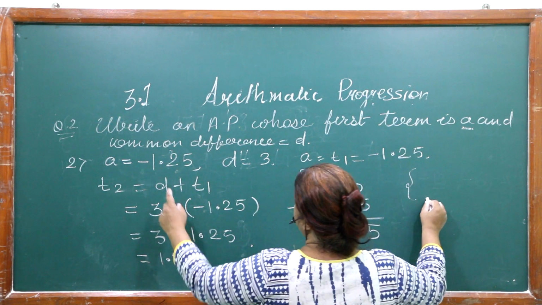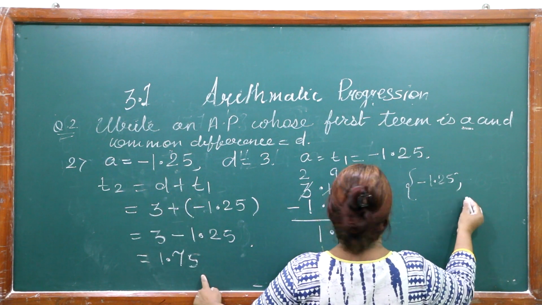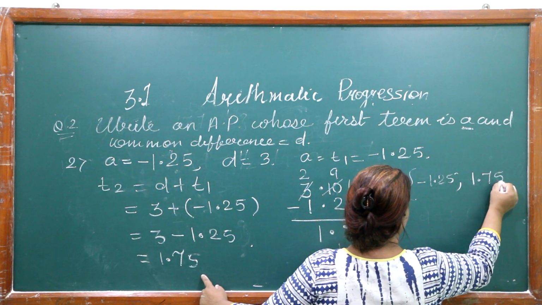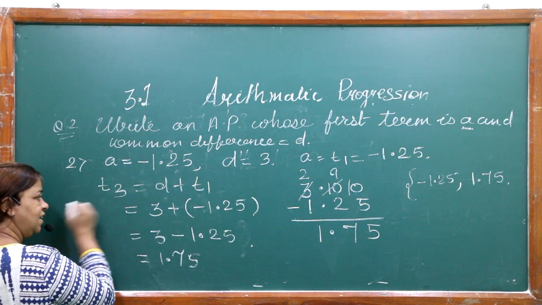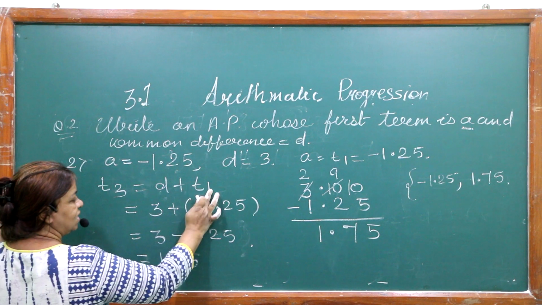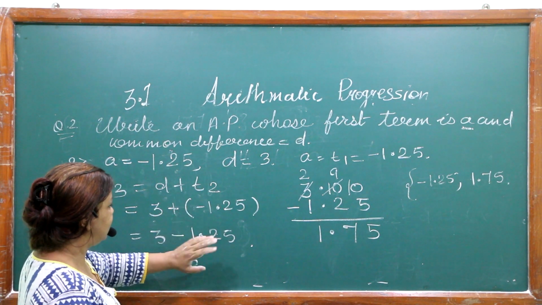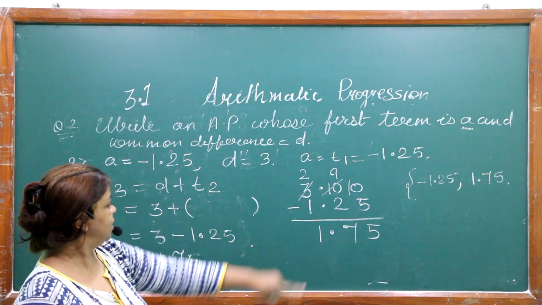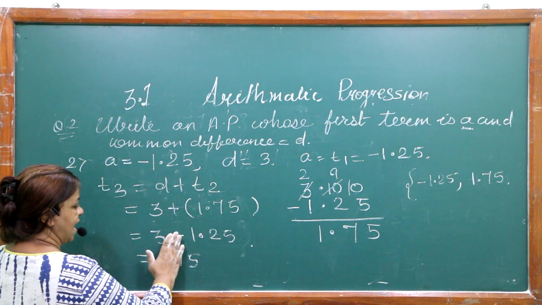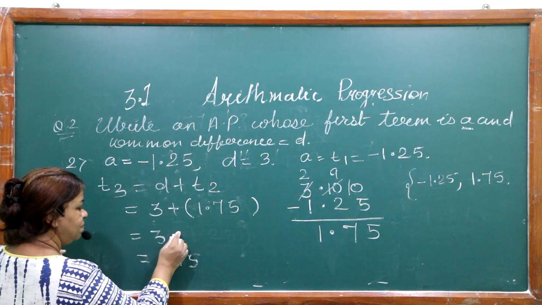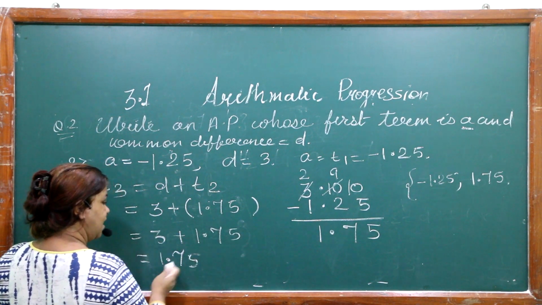So when I'm writing the AP here, the first term is minus 1.25, the second term is 1.75, then the third term to find out. Let me write here 3 D plus T2. 3 plus term 2, which is 1.75.